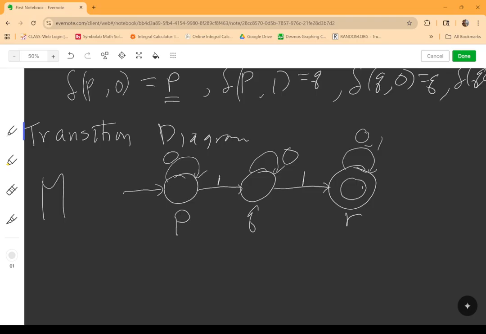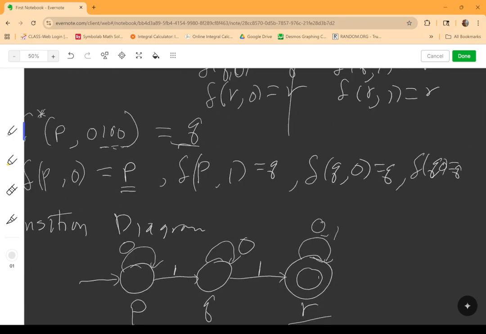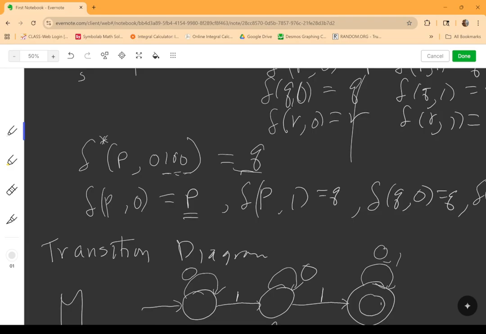So we could trace the machine. In order for it to be accepted, it must reach its accepting state. So for example, my function example here would not be accepted, because Q is not an element of F. It does not reach its accepting state.